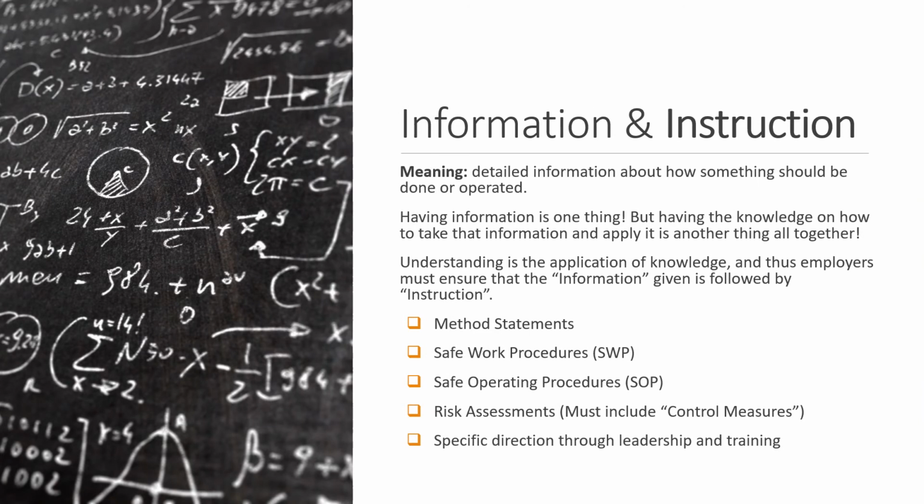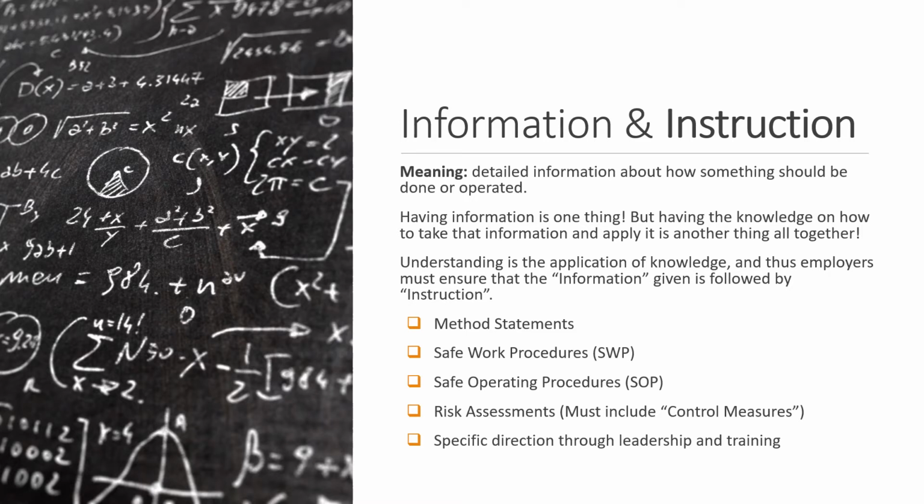The meaning or definition of instruction is detailed information about how something should be done or operated. Having information is one thing, but having the knowledge on how to take that information and apply it is another thing altogether.